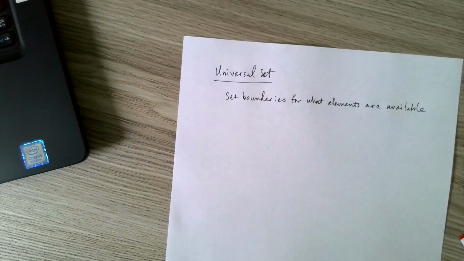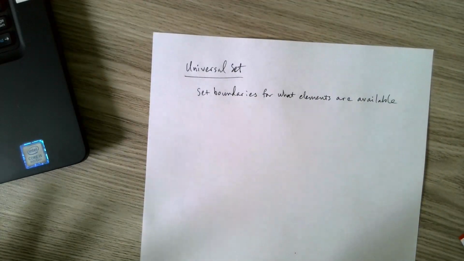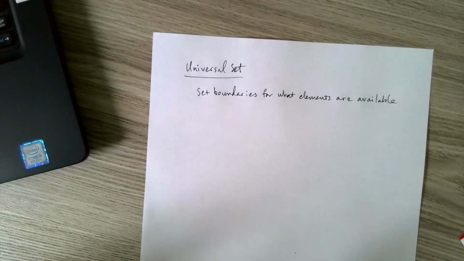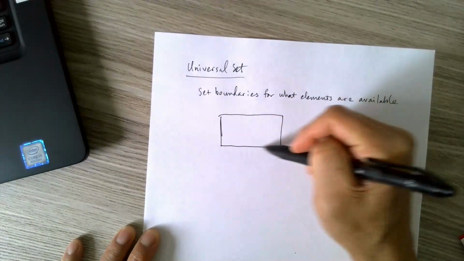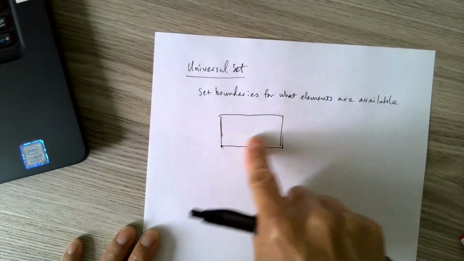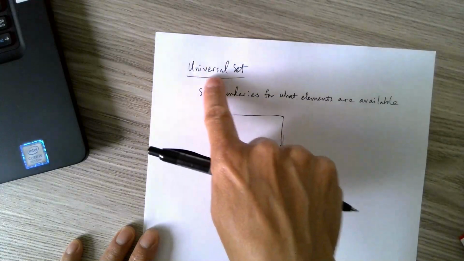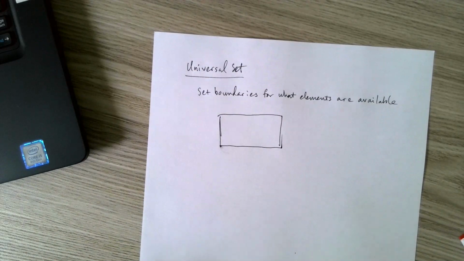So if I only want the naturals from 1 to 10 to be available for use, I can set a boundary and say that, okay, the only numbers we're allowed to use in this temporary universal set is 1 through 10. So the person in charge, or the problem in charge, gets to decide what's in the universal set.